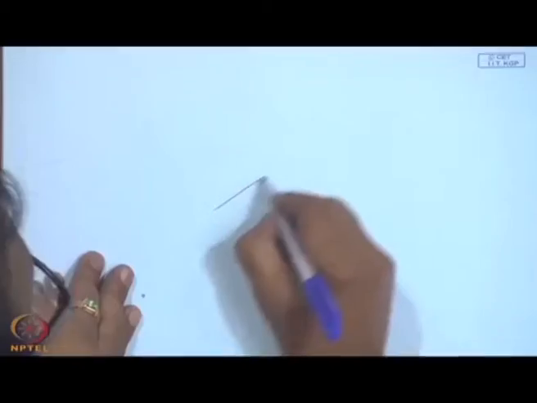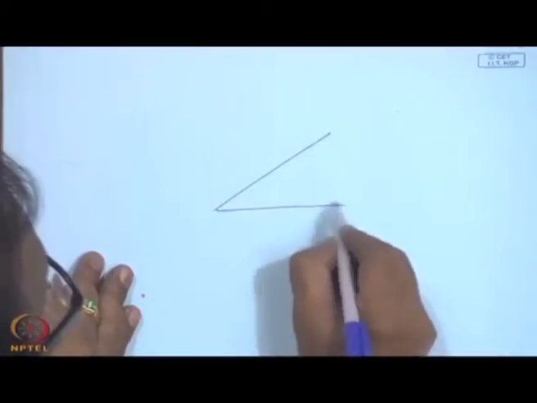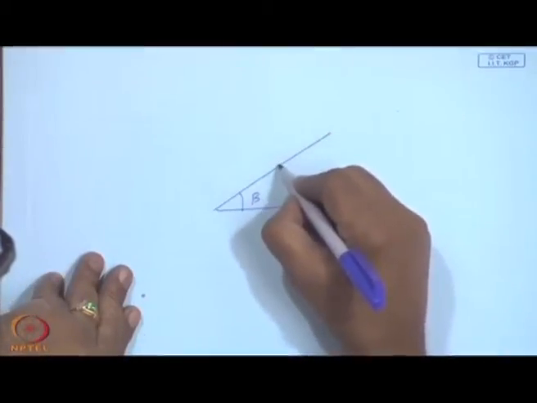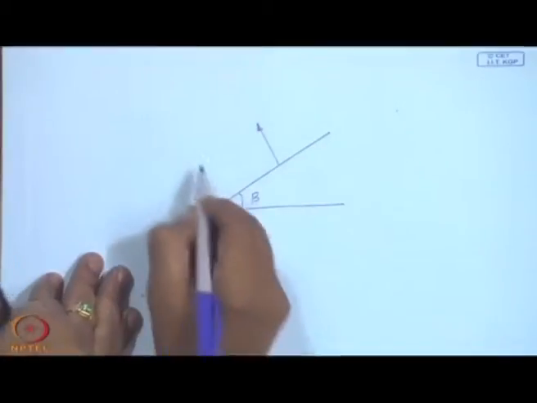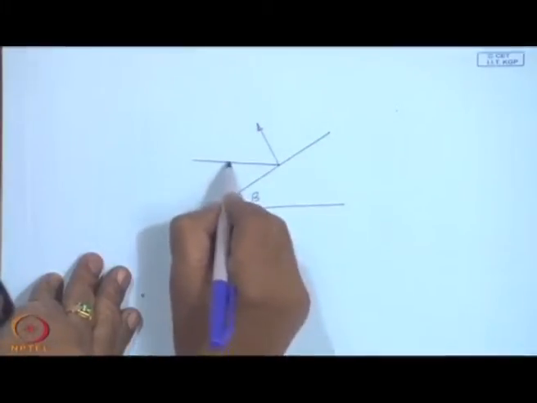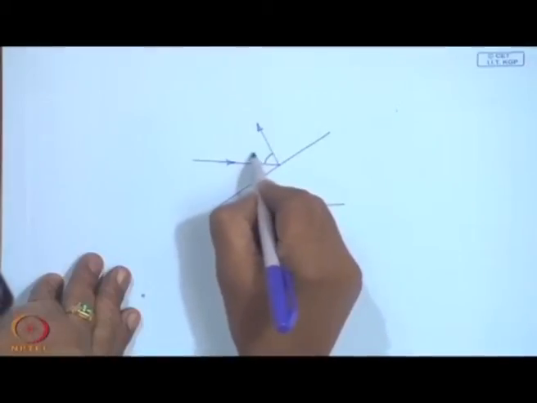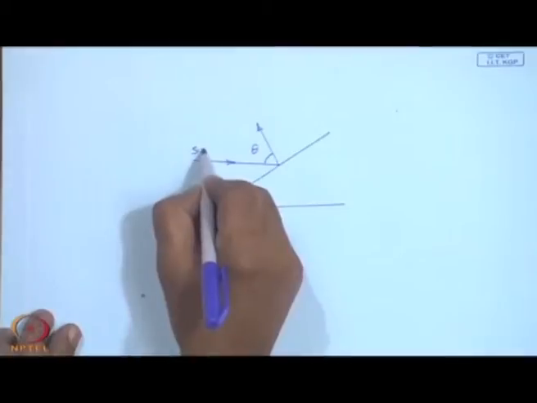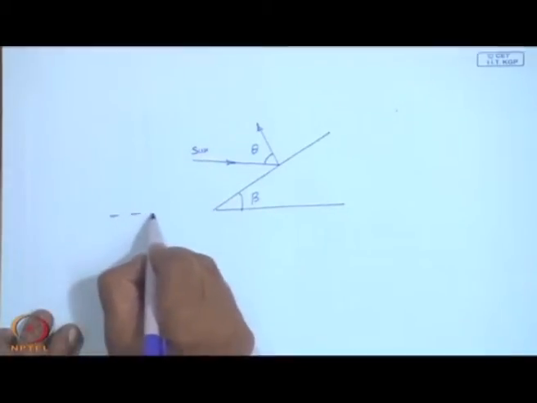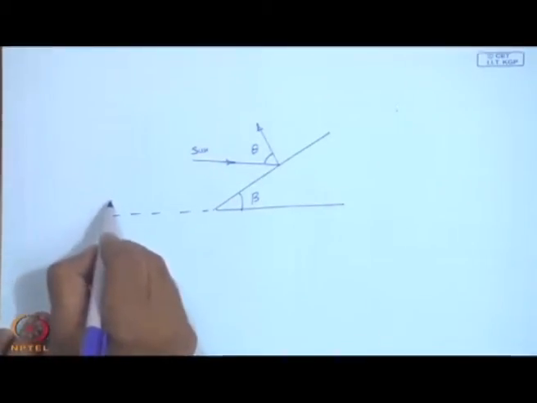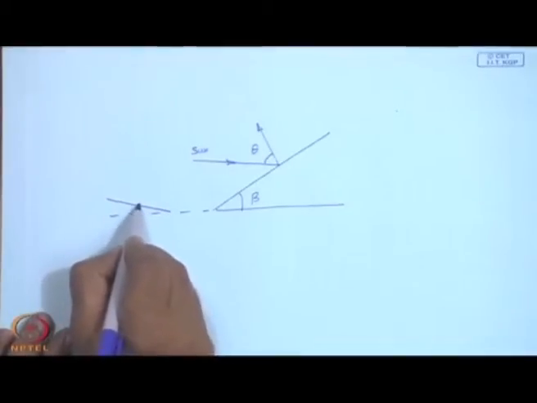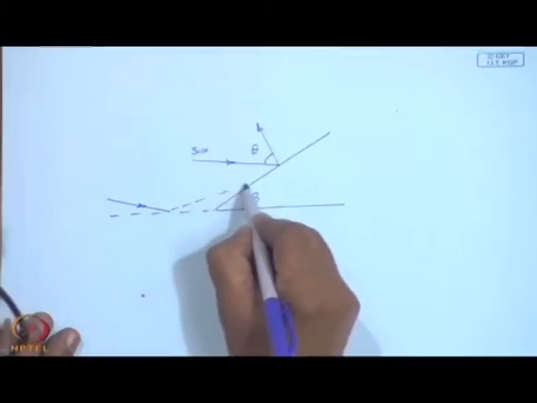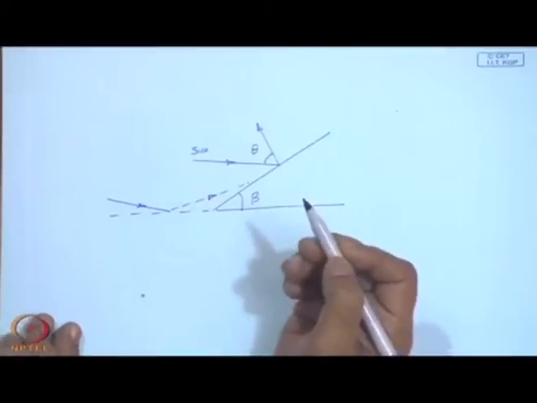if there is a collector with certain slope again, and then of course, I will keep on showing this. There is sun's ray with an angle theta, this is sun, and if this is the ground, sun's ray will fall on this, these two should be parallel, and which will be reflected.